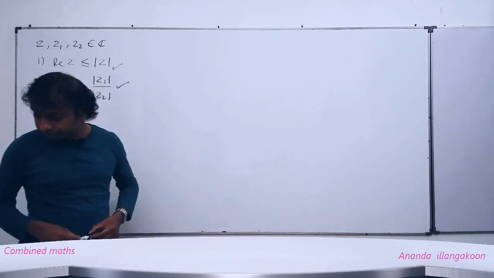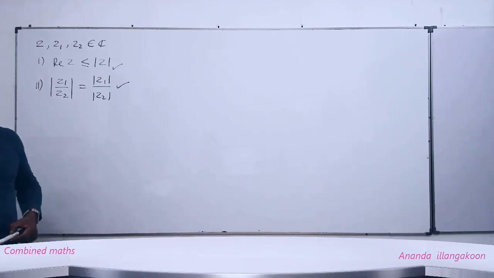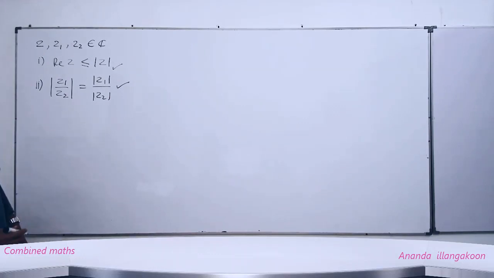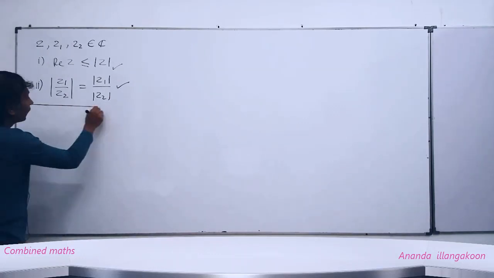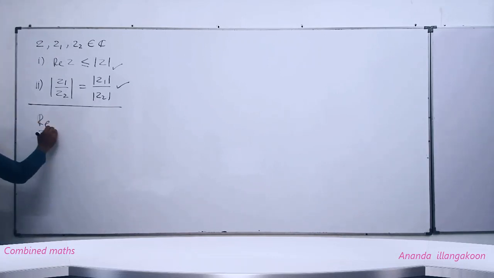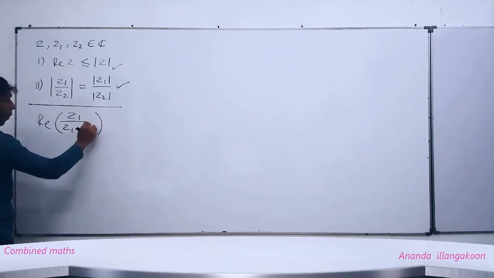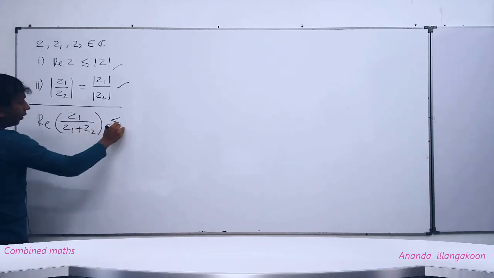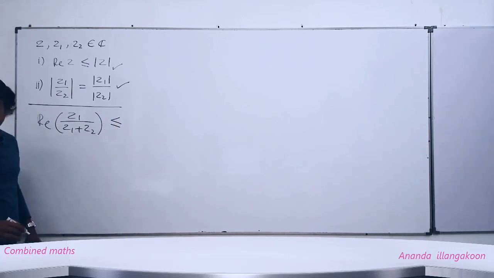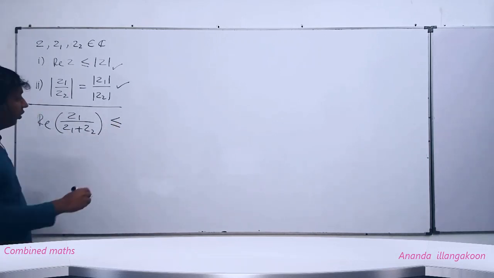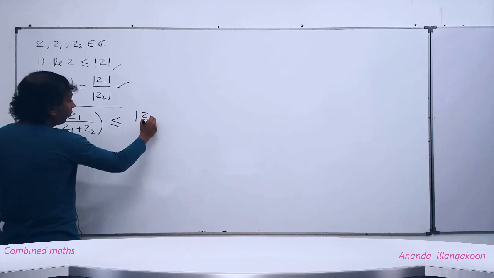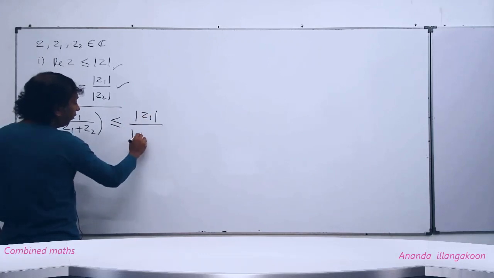Then it asks to show that the real part of Z1 divided by Z1 plus Z2 is less than or equal to mod Z1 divided by mod Z1 plus Z2.